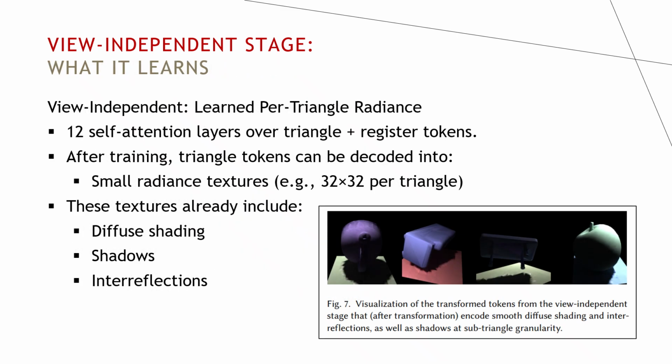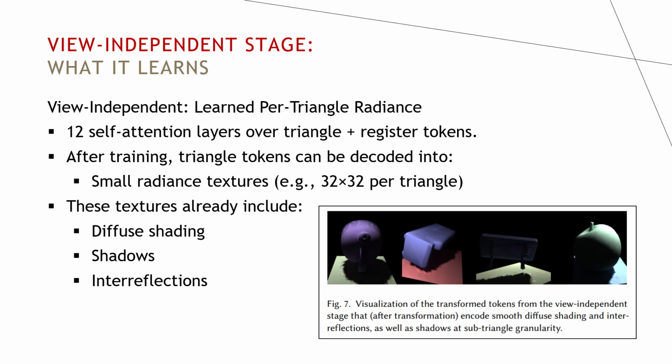So, what does the view-independent stage learn? The transformer in this stage has 12 layers of self-attention over all triangle and register tokens. After training, the authors freeze this stage and train a tiny multilayer perceptron (MLP) to decode each triangle token into a 32 by 32 texture, representing outgoing radiance.